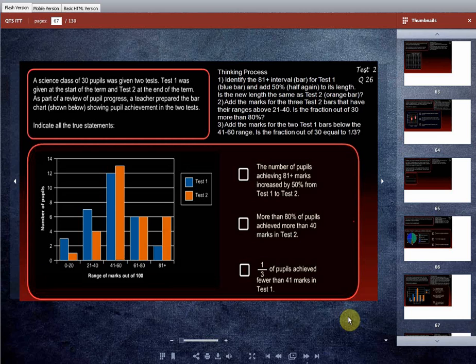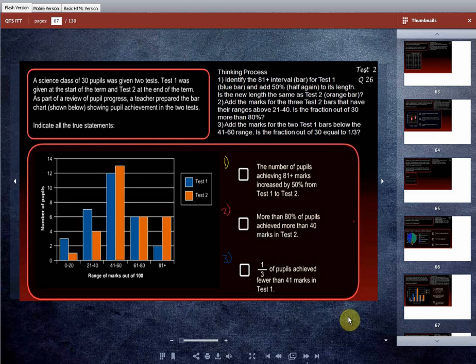The number of pupils achieving 81 plus marks increased 50% from Test 1 to Test 2. More than 80% of pupils achieved more than 40 marks in Test 2. 1/3 of pupils achieved fewer than 41 marks in Test 1. Over to you again, Dave.